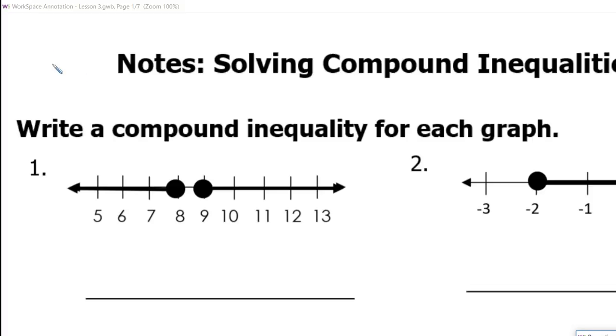What you need to know is that if you have an OR inequality, that means you have 2 points on your number line, and with compound inequalities, you can either shade between the 2 points or on the outside of the points. So if it's OR, we shade outside of the points. OR, you shade outside.